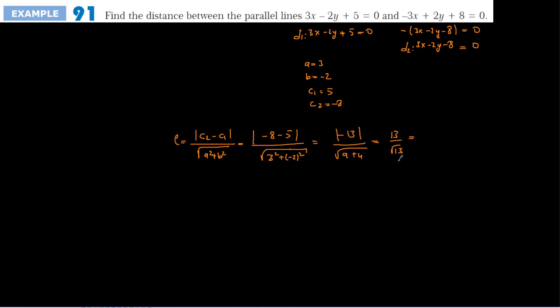When we rationalize the denominator, this is going to be 13 root 13 all over 13. Then we simplify this too, and the answer is going to be equal to root 13.